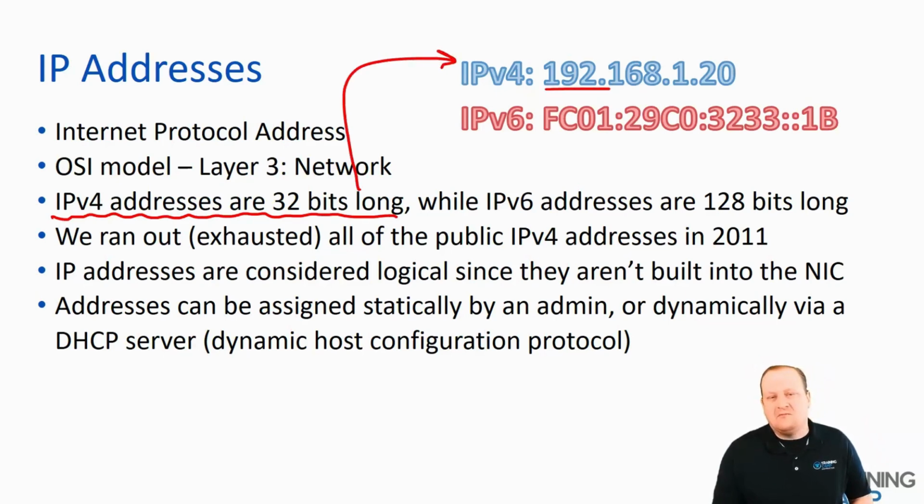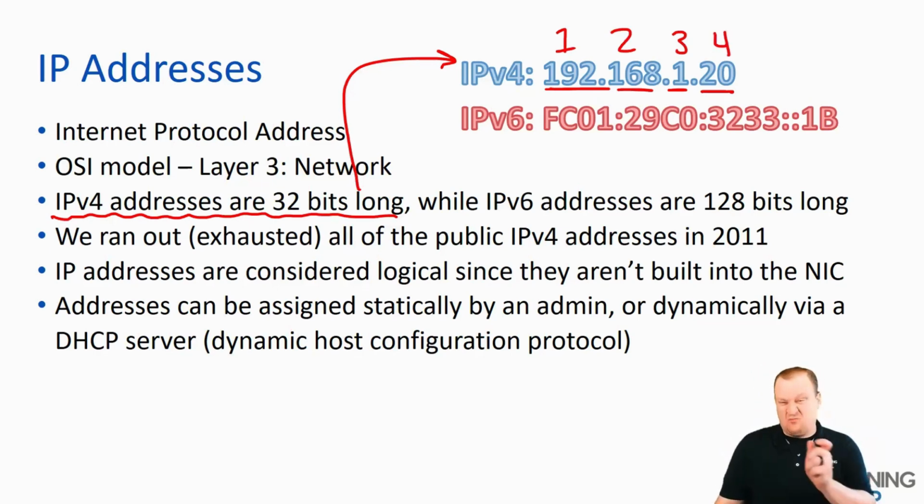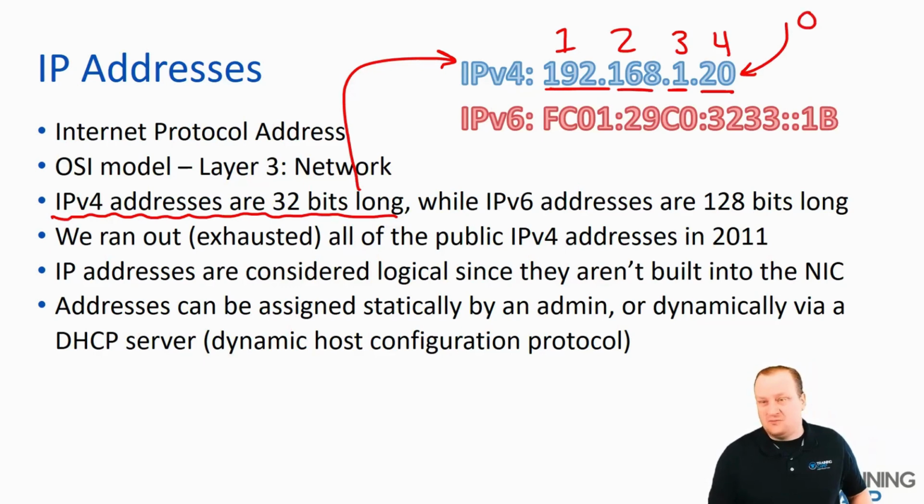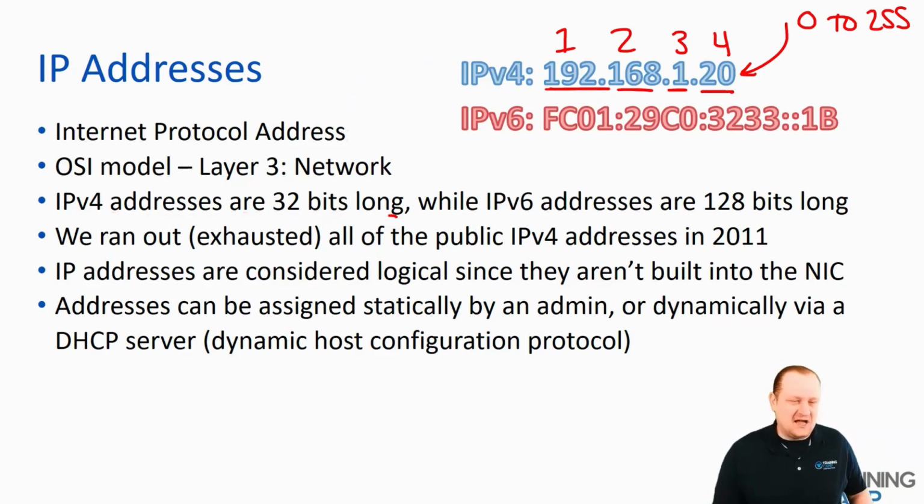Number, period, number, period, number, period, number. That's 32 ones and zeros, broken up into groups of 8, what we call octet 1, octet 2, octet 3, octet 4. Byte 1, byte 2, byte 3, byte 4. And we convey them as numbers, where any one of these numbers could be anything from 0 all the way up to 255.